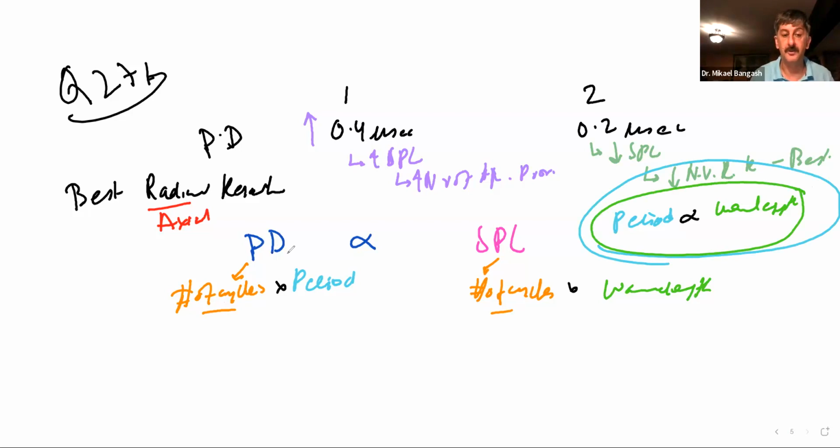For pulse duration, you multiply by the period, how long it takes one cycle to complete. That is directly proportional to the physical length of the wave, which is the wavelength. Did you girls get that?